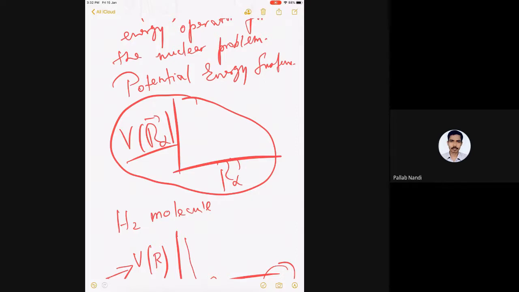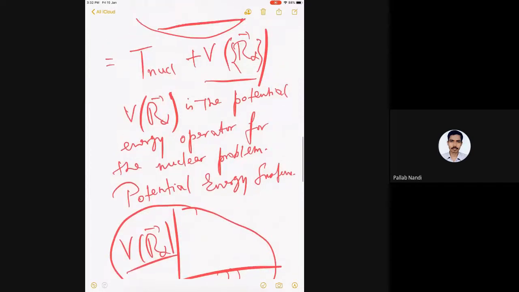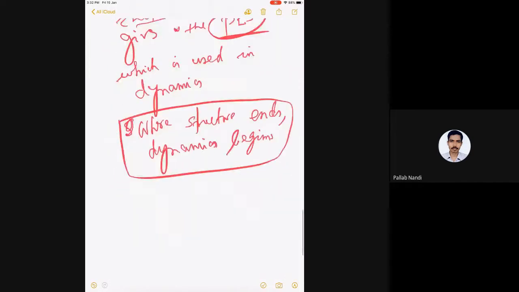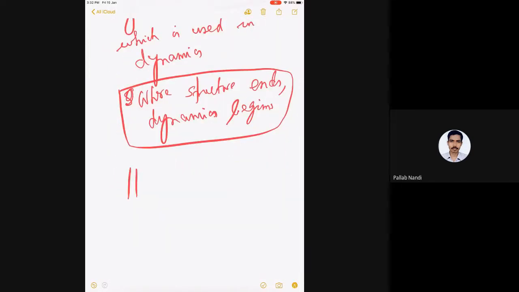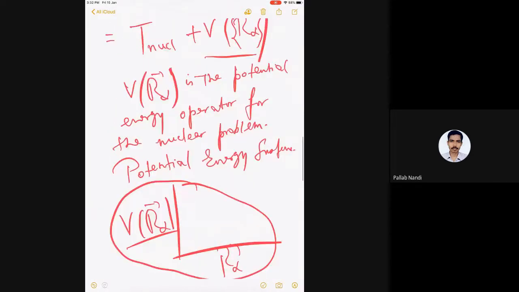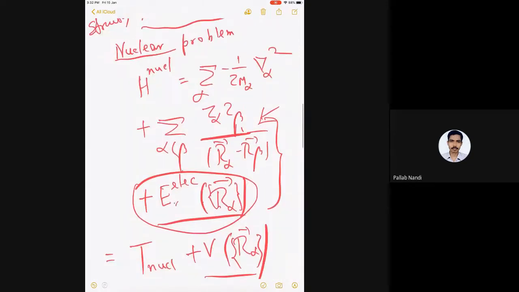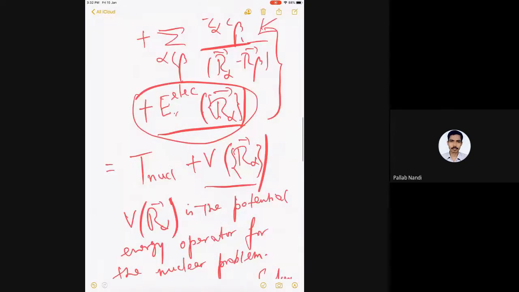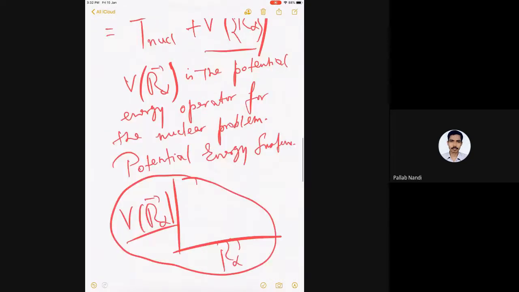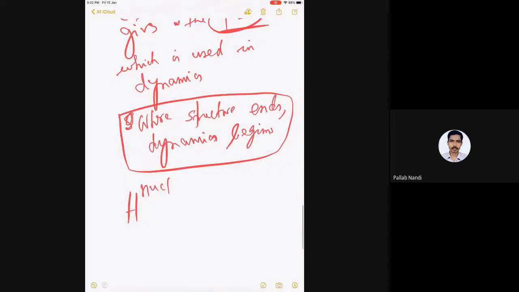Then of course you solve the nuclear Schrodinger equation. I'm not going to worry about the nuclear Schrodinger equation, but I would just write it down. Eventually you have H nuclear, which is T nuclear plus V of alpha, the potential energy surface. So this H nuclear gives you phi nuclear equal to E total phi nuclear.